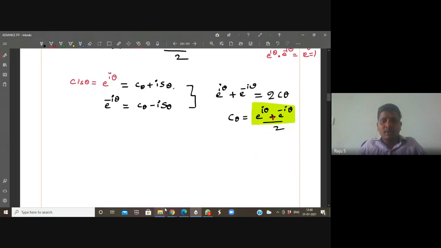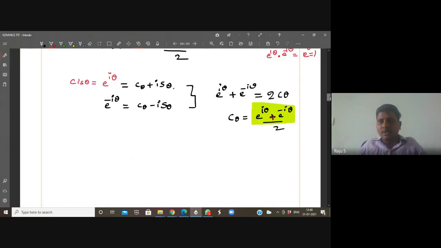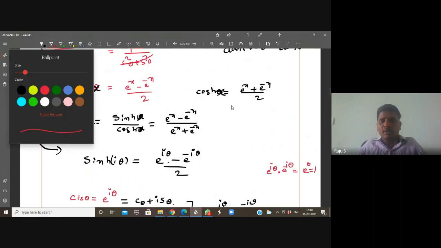Okay, students? So you have to remember the properties. This is equal to cos, so it is cosh(iθ). Let's see here, what is cosh θ? I have written cosh x: (e^x + e^(−x)) by 2.